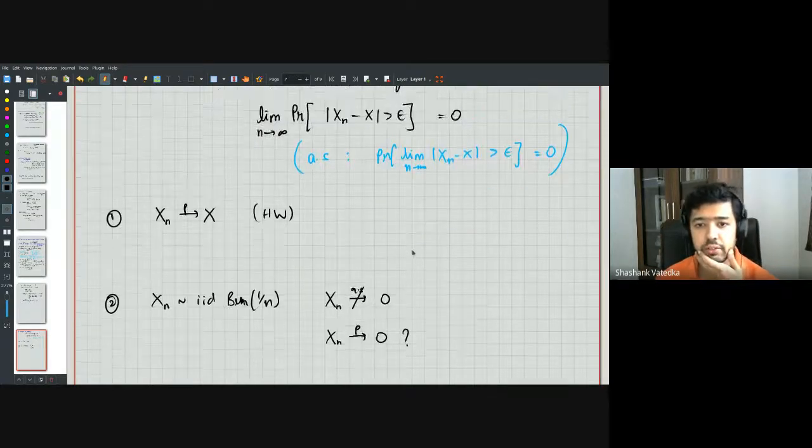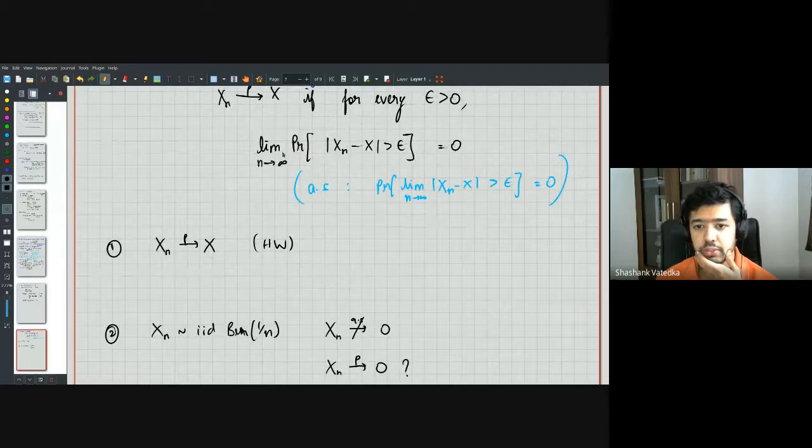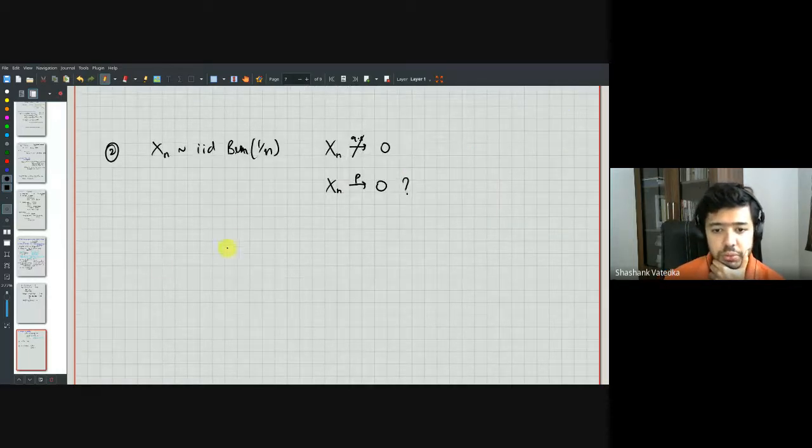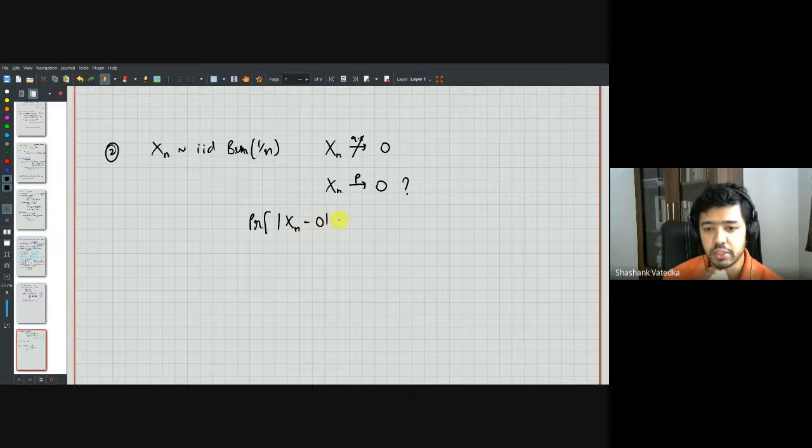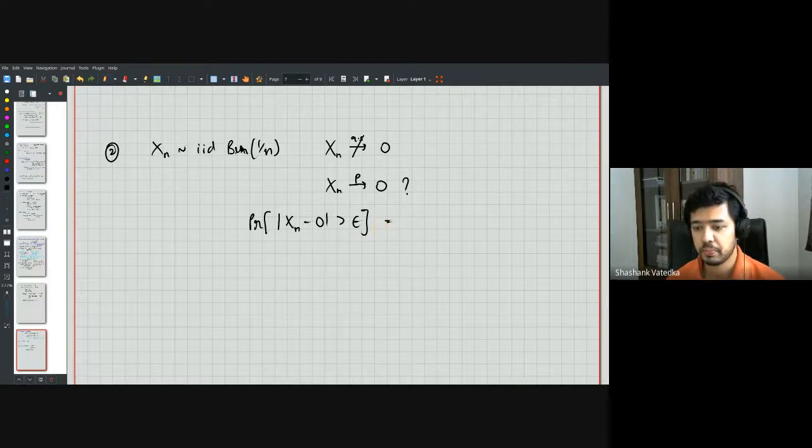Okay, so in order to do that, we just need to find what is the probability of this happening. What is the probability that |Xn minus 0| is greater than epsilon? All right, so for any epsilon greater than 0, what is this equal to? Remember that each Xi is IID Bernoulli 1 over n.